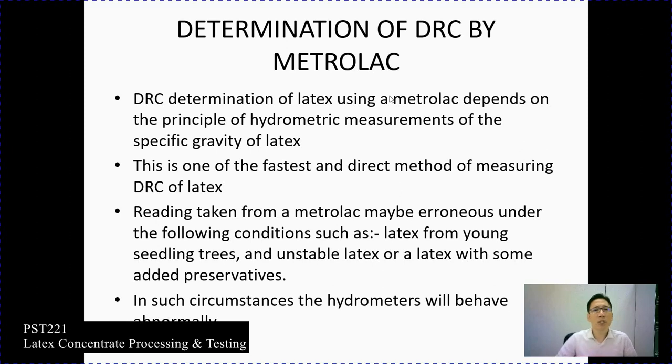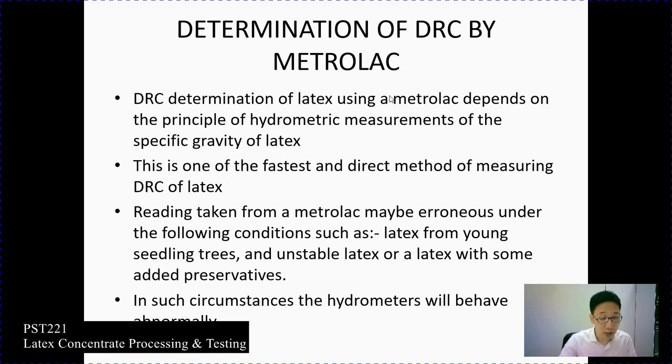The DRC determination of latex using a Metrolac depends on the principle of hydrometric measurement of the specific gravity of latex. Okay, so you know that latex is in liquid solution, so it will use this hydrometric measurement of the specific gravity of latex.